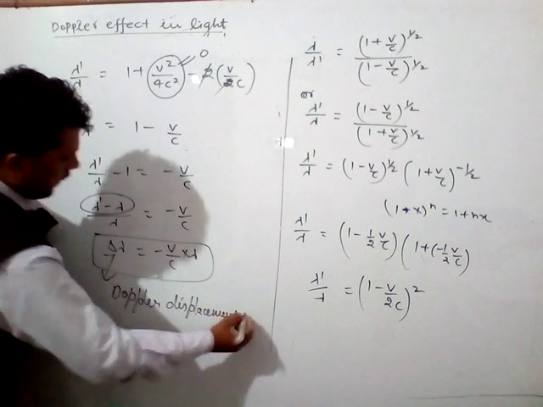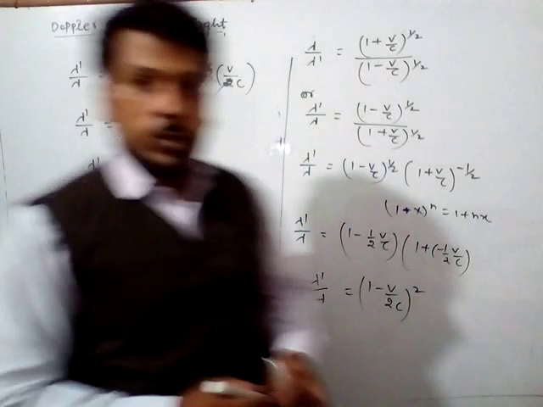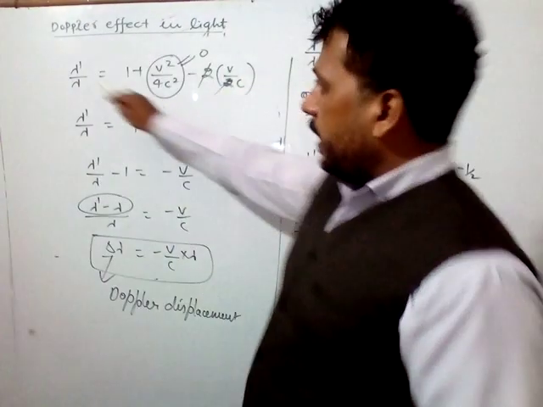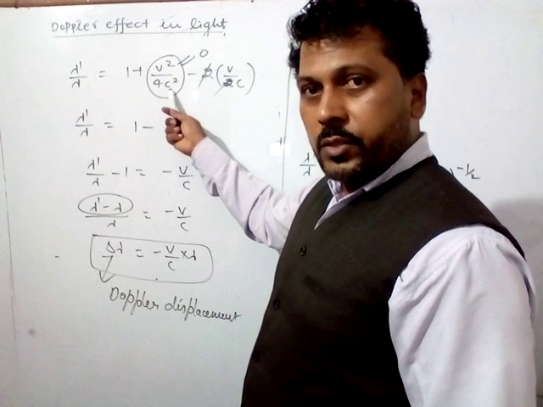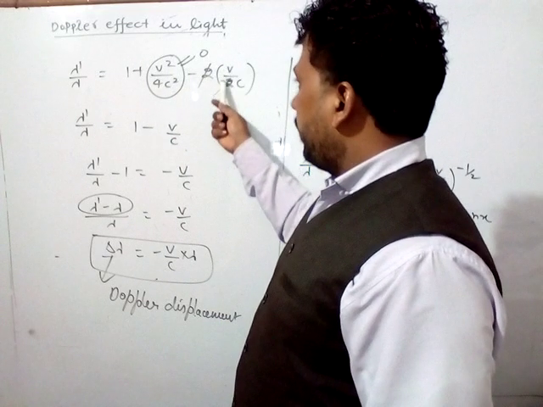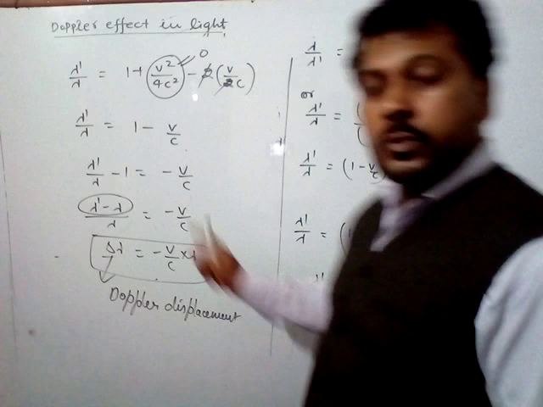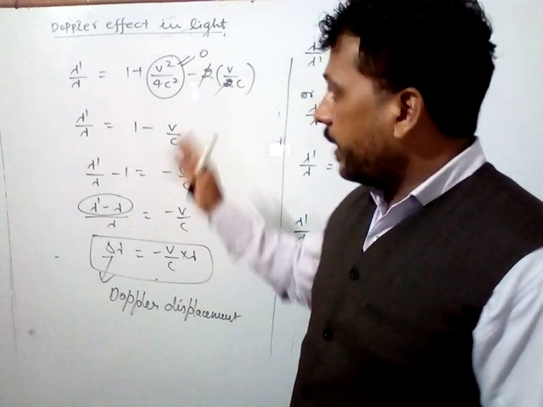Okay, and delta lambda is equal to lambda dash minus lambda. So here lambda dash by lambda equals 1 plus v square by 4c square minus 2v by 2c. (a minus b) whole square is equal to a square plus b square minus 2ab.